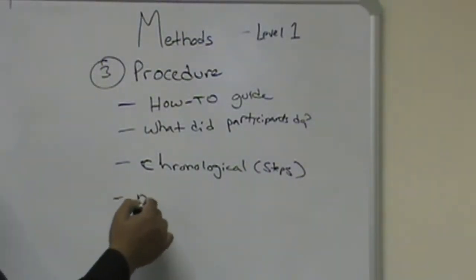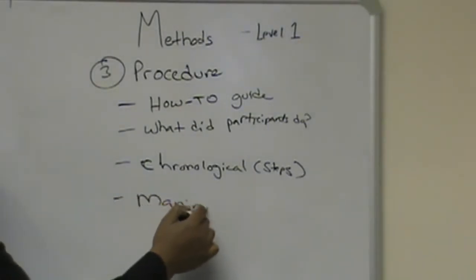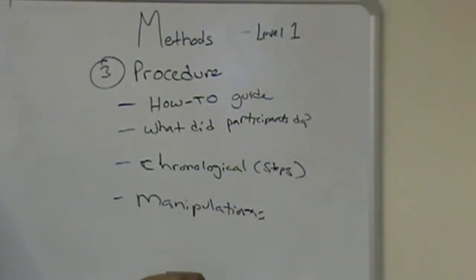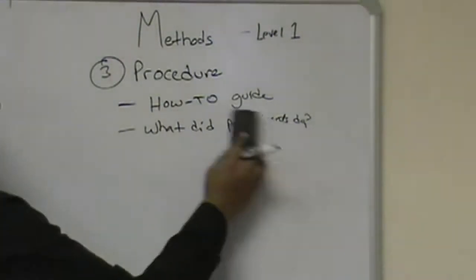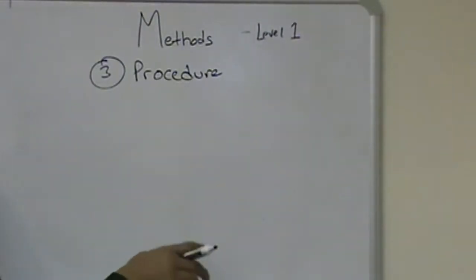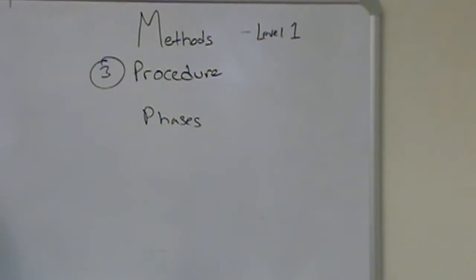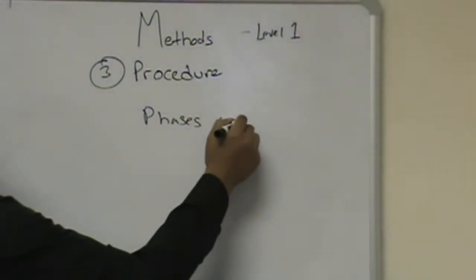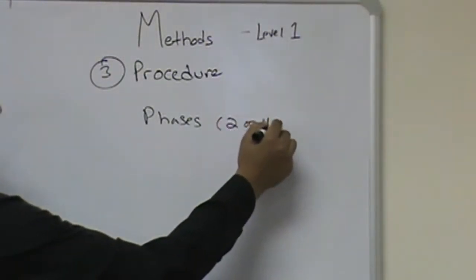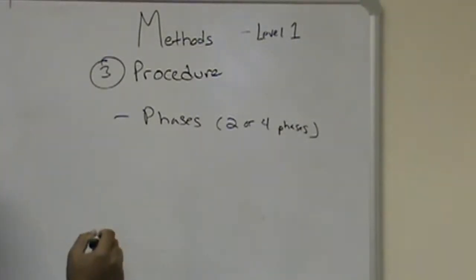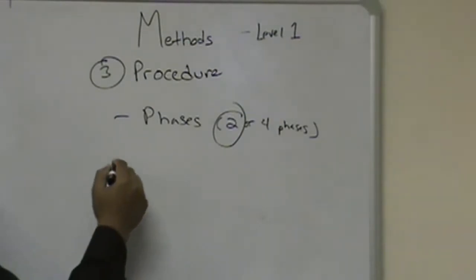If you did an experiment, what type of manipulations were involved? If you did an A-B design, you want to talk about what were the different phases of the study. Some of you are doing an A-B design with two phases. Some are doing it with 4. Whatever you did, what exactly occurred during these 2 or 4 phases?